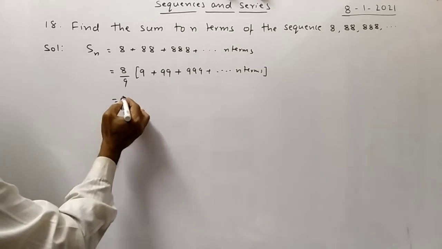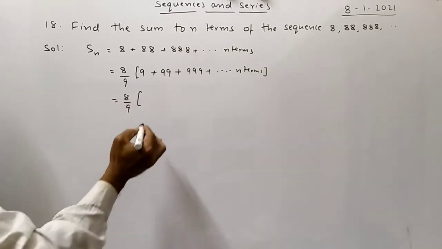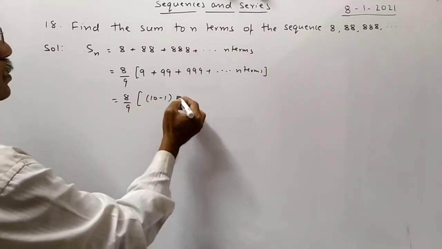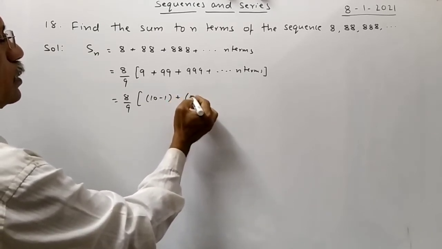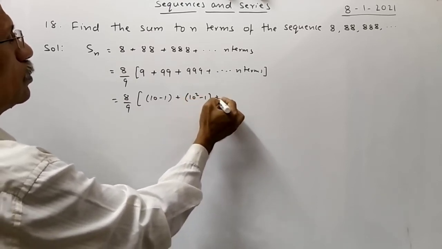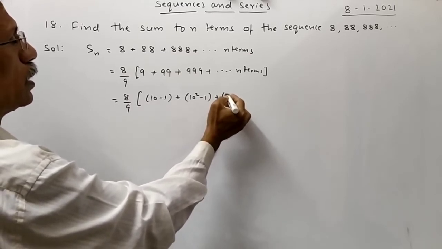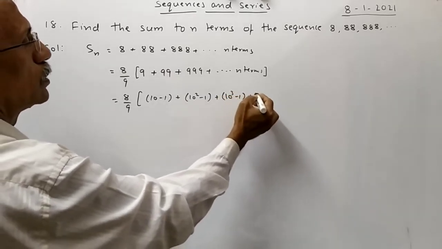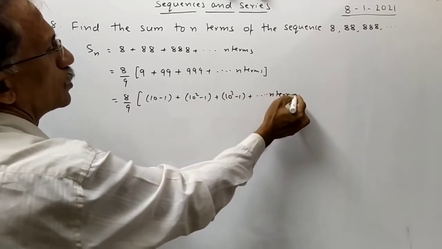Is equal to 8 by 9. 9 can be written as 10 minus 1 plus 99, 10 square minus 1 plus 999, 10 cube minus 1 plus and so on, n terms.